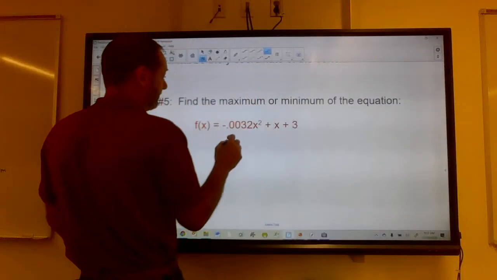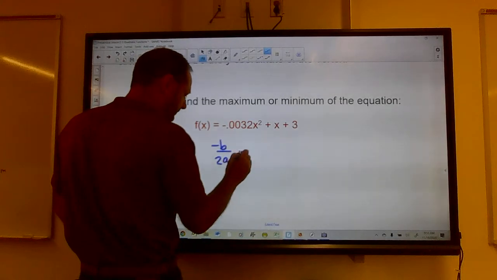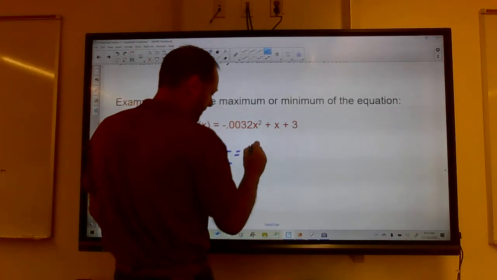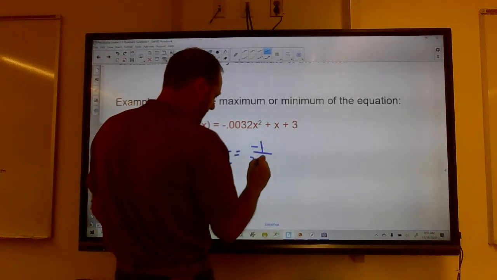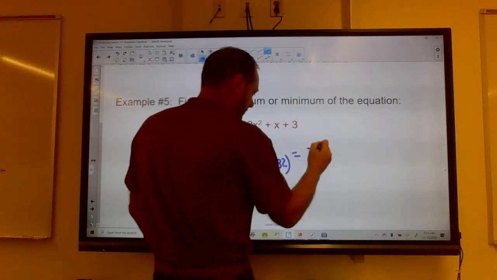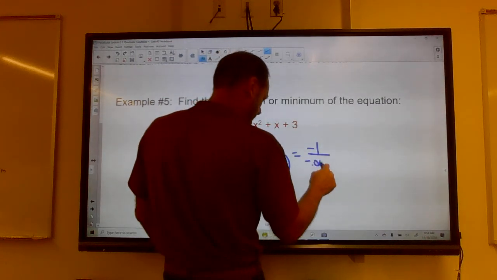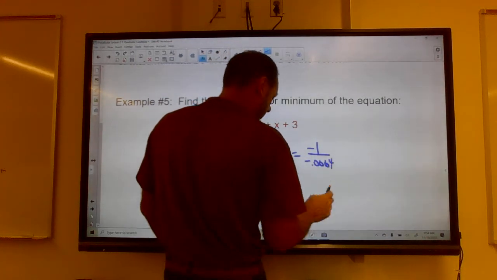Okay, so the axis of symmetry is going to be at -b over 2a, which is going to be -1 over 2 times -0.0032, which is -1 over -0.0064.